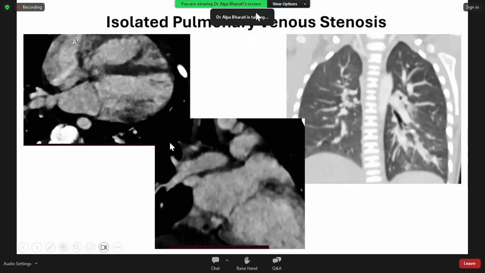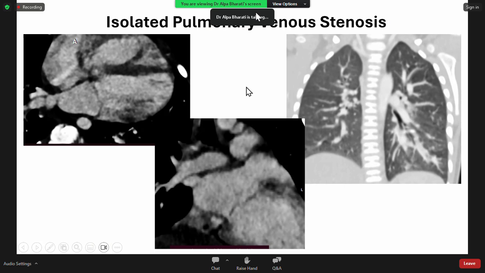This is another example of isolated right-sided pulmonary vein stenosis. This is the right-sided pulmonary vein, and you can see very tight stenosis of the upper vein, and it was draining through a common orifice into the LA. This orifice is also quite stenosed, and again there was poor vascularity on the side of stenosis and increased vascularity on the other side.